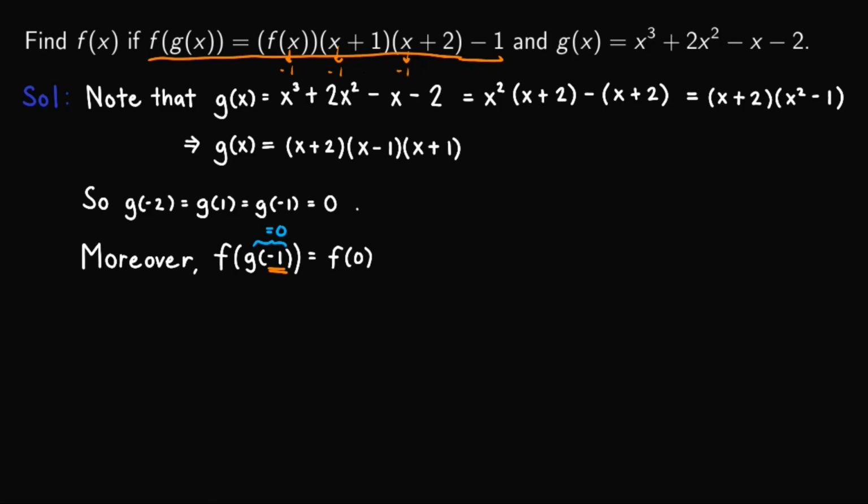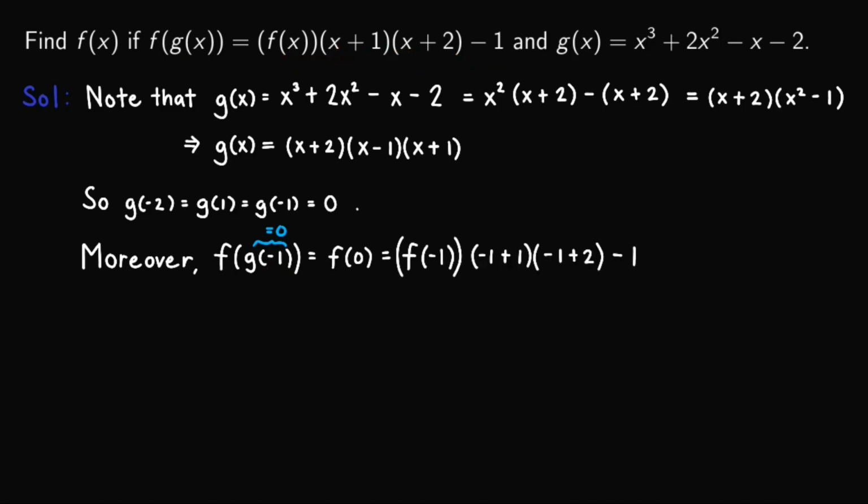So we have f of 0 equals f of negative 1 times negative 1 plus 1 times negative 1 plus 2 minus 1. Take note that negative 1 plus 1 is equal to 0. And so this whole expression out here becomes 0. So this one just cancels out and we'll be left with negative 1. So this means that we have f of 0 equals negative 1. And so we take note of this one.